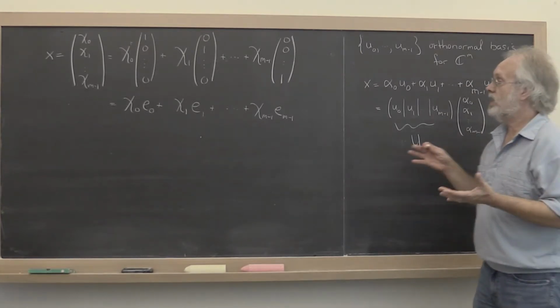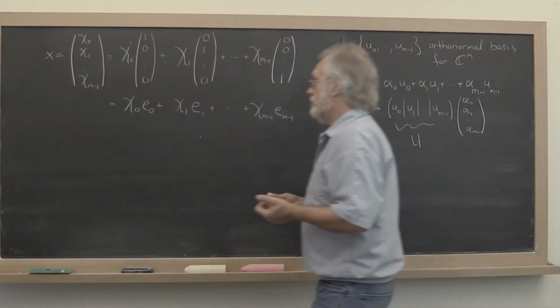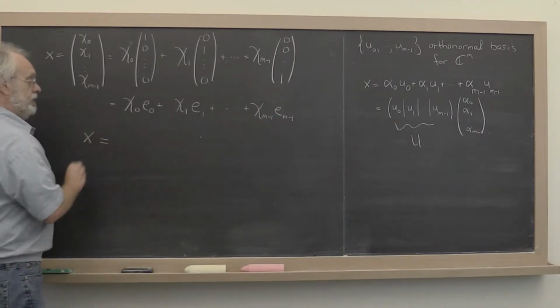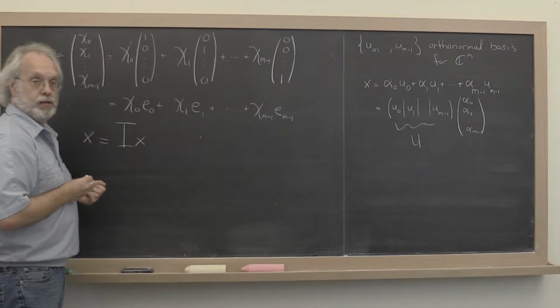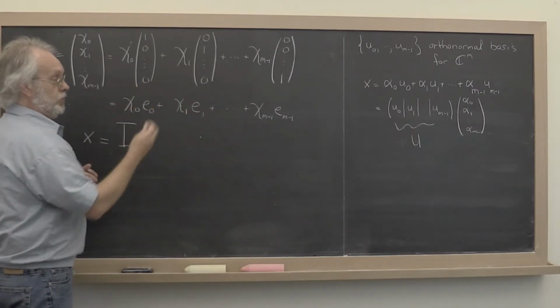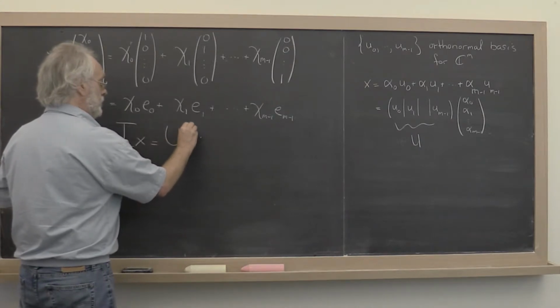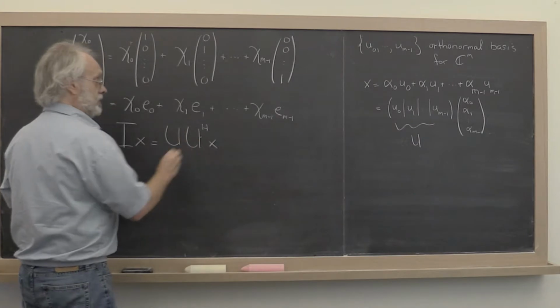Okay, now, how can we elegantly go from one to the other? Well, here we go. x we can write as the identity times x. But because U is a unitary matrix, we know that that's the same as U times U Hermitian transpose times the vector x.